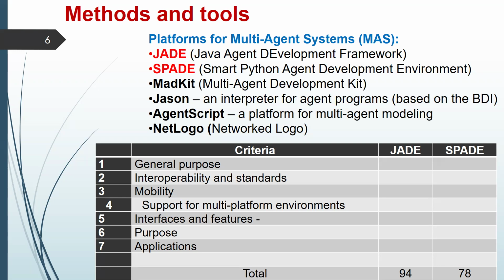The JADE community is larger, ensuring access to documentation, forums, and support. SPADE also supports complex agent models, but JADE is a more optimal choice for large distributed systems due to its scalability and flexibility.